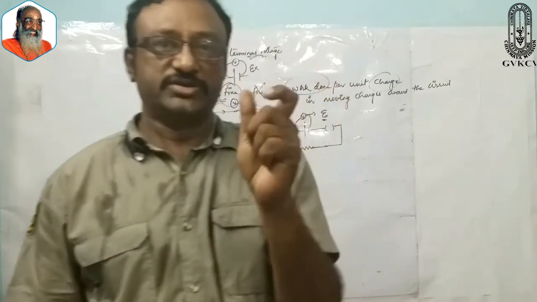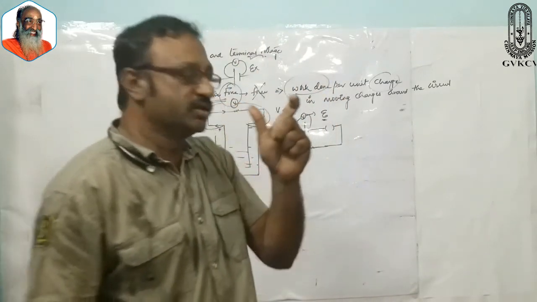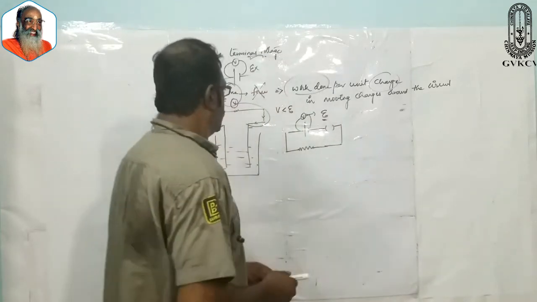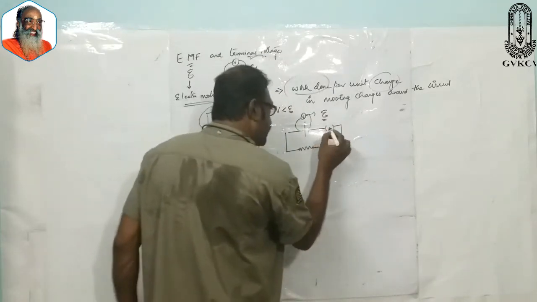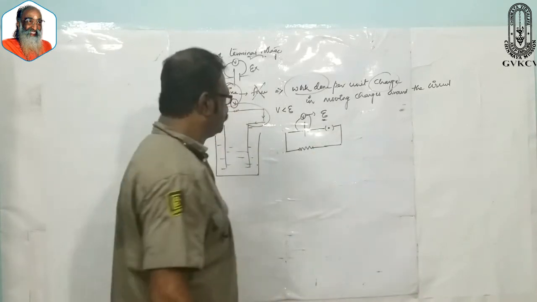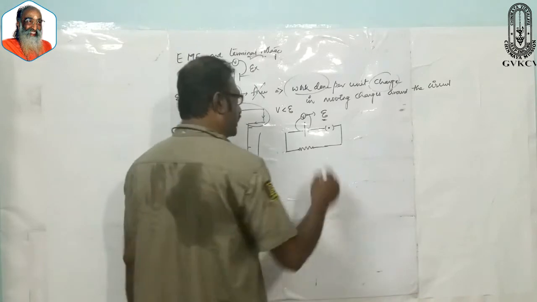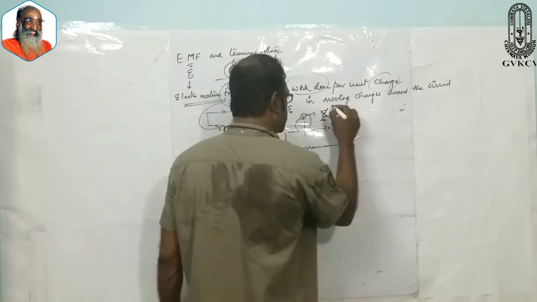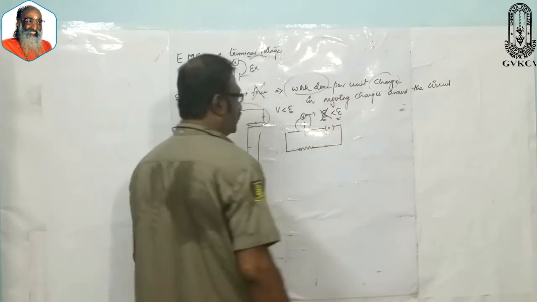Suppose the current is flowing in the circuit, how can I show this? You just put a dot here. That means the circuit is closed. Now see the reading in the voltmeter. It will not be E. It will be less than E. I'm just showing it as V. Now this V we will be calling as the terminal voltage.